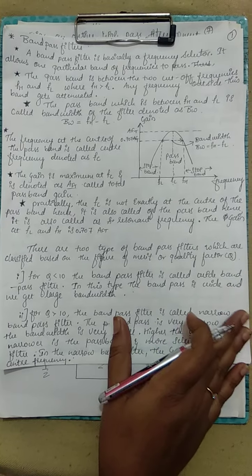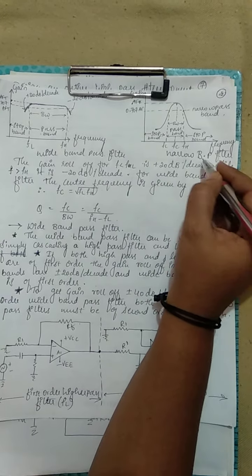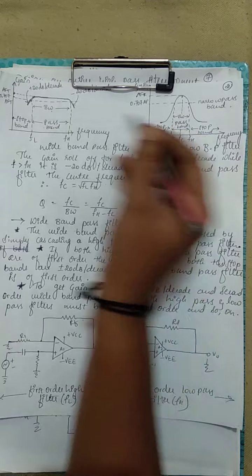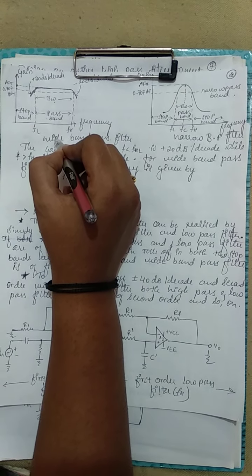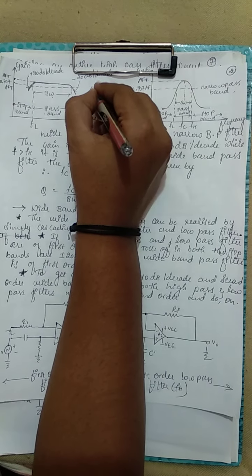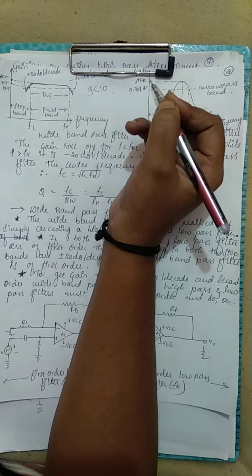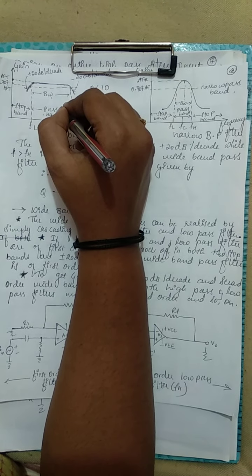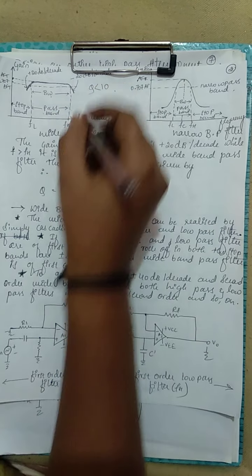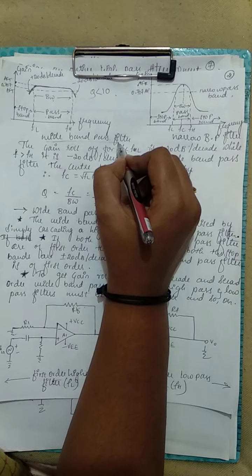There are two types of band pass filters, classified based on quality factor: the wide band pass filter and the narrow band pass filter. Under the wide band pass filter, if the quality factor Q is less than 10, it is called a wide band pass filter.